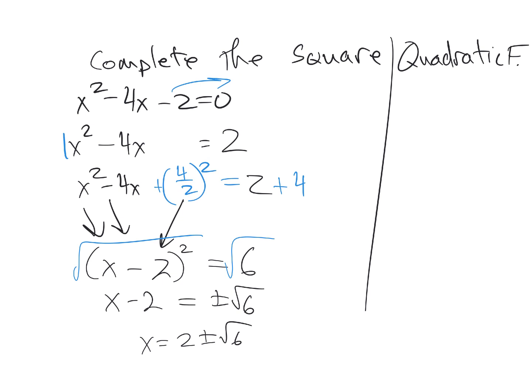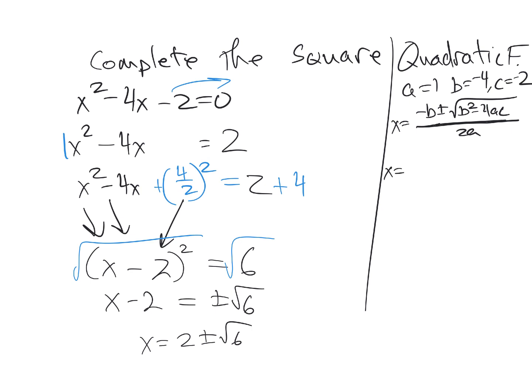Now let's do quadratic formula. A is 1, B is negative 4, and C is negative 2. So x equals negative b plus or minus the square root of b squared minus 4ac all over 2a. Make sure it's all over 2a.